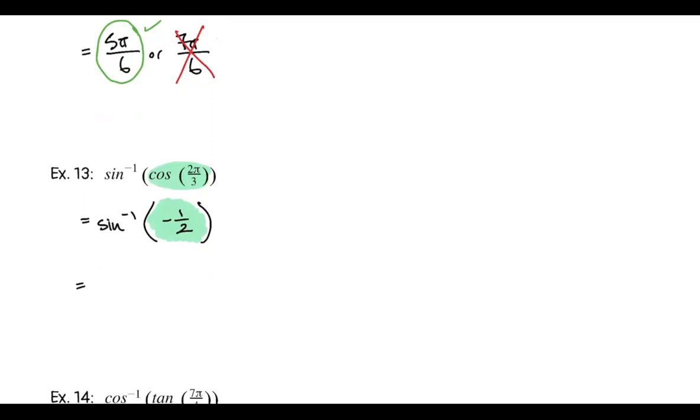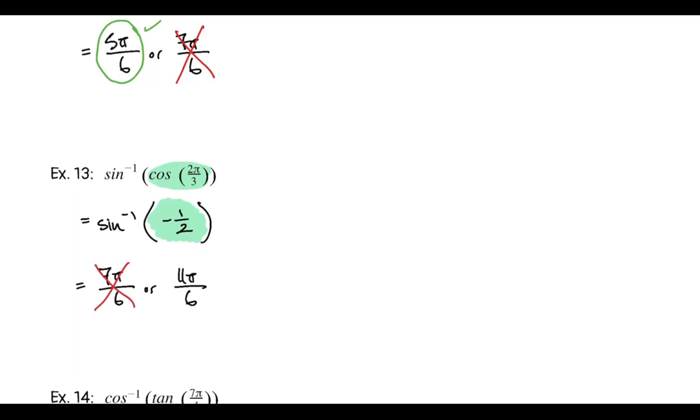All right, which angles have a sine value of negative 1/2? Give me both options. Great. 7 pi over 6 or 11 pi over 6. All right, which one gets the big red X? It is out of the range of inverse sine. I agree, 7 pi over 6.